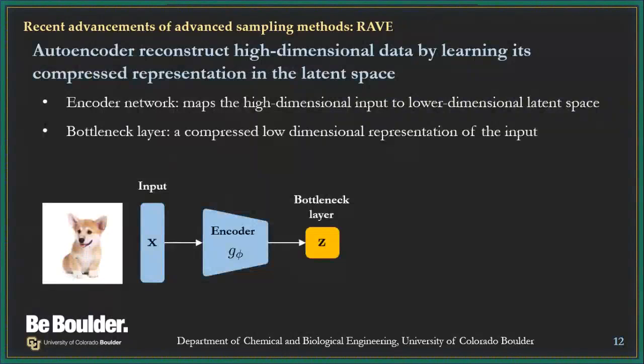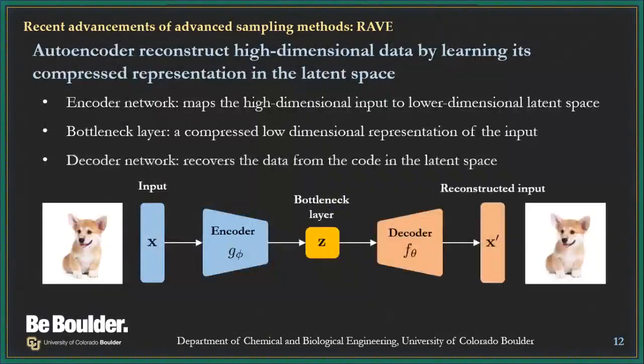a lower dimensional latent space, which is the so-called bottleneck layer. Then the decoder network will recover the data from the code in the latent space as the high-dimensional reconstructed input. After that, the autoencoder, as trained on the reconstruction loss, will compare the difference between the reconstructed input and the original input and optimize its parameters to minimize the difference.